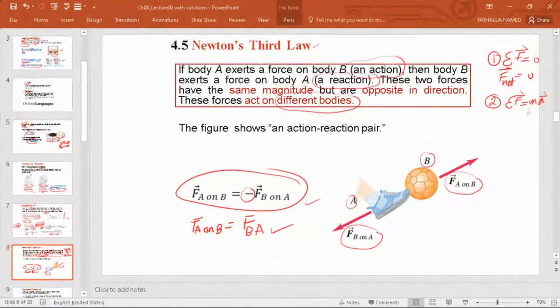In this case, you look at the force applied on the ball to find the acceleration and so on. But you can look at the foot separately. To look at the ball by the force that is on the ball and the force applied by the ball will give you a wrong reasoning in saying that the ball should not move. Is this clear?